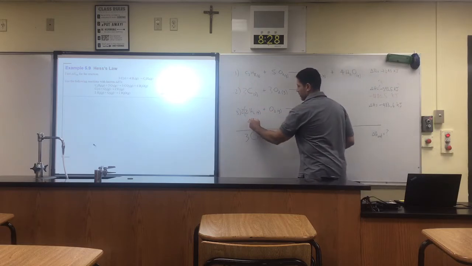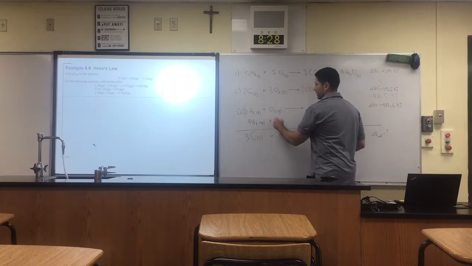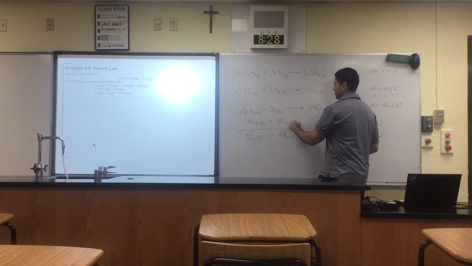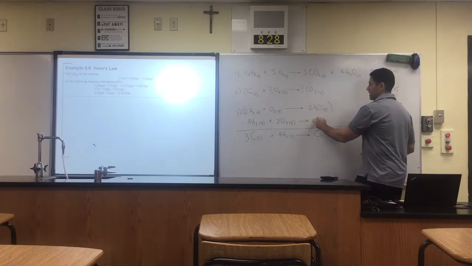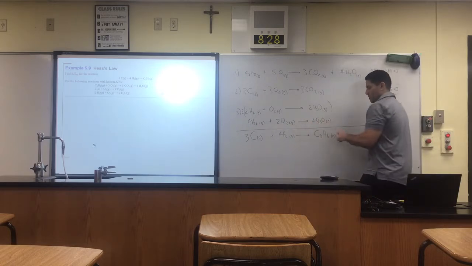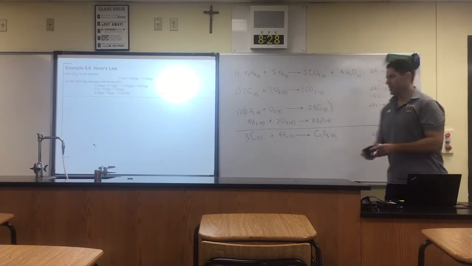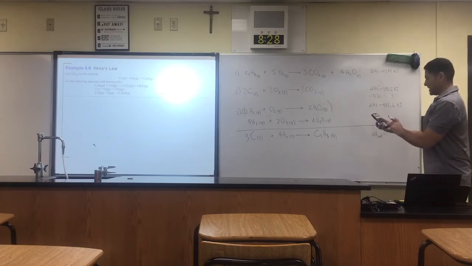This becomes 4H2. You're going to multiply everything by 2, so this becomes 4 waters. And the most important part is, since we multiplied by 2, let's take this number, negative 483.6.